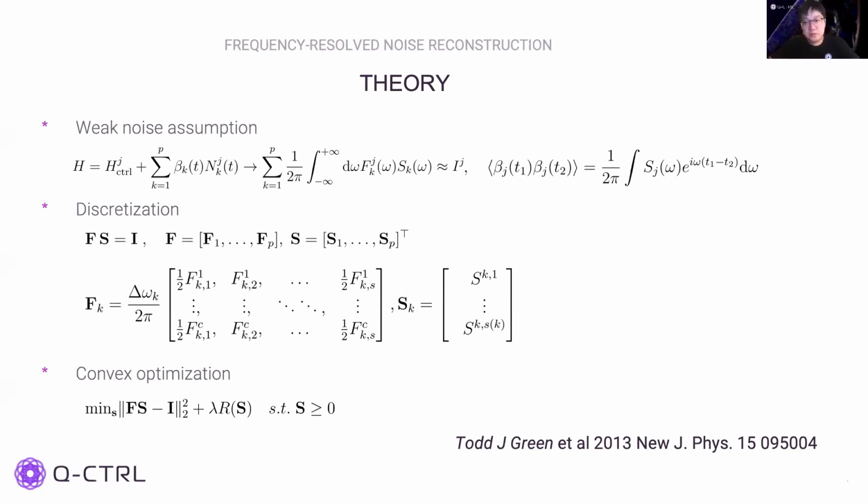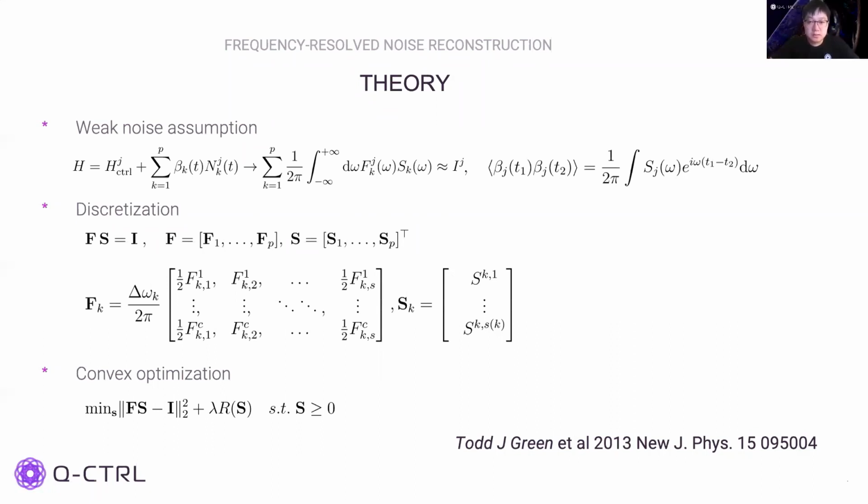The second step is to discretize the integral and turn it into matrix form. Here, assume we are performing the discretization uniformly across the frequency domain. We will have a matrix F and a vector S. Each element Fk here is also a matrix, describing the filter function for the noise channel k, and each row corresponds to an individual control.